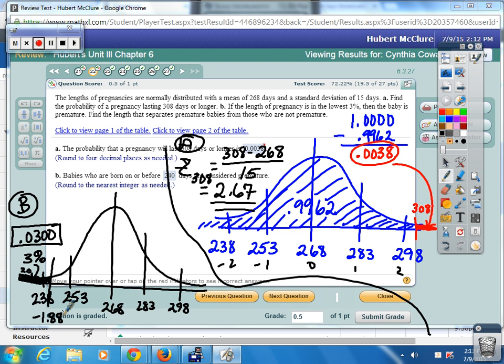So if we've got a z-score, we don't need the z-score formula, do we? So what's the only other formula we have? Oz plus mu. We don't need the z-score formula because we already got a z-score. So somebody take 15 times negative 1.88 and add it to 268.